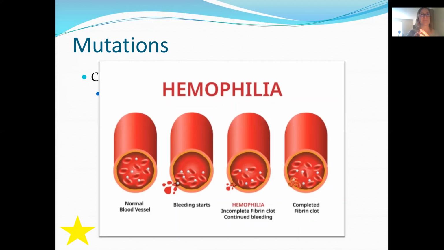Hemophilia is a genetic disorder caused by one DNA nucleotide being different in the DNA. So it's called a point mutation. One nucleotide was changed. That changes the amino acid that gets coded. And so that changes one amino acid in this whole big protein, but it changes how it folds and it does not function well anymore.